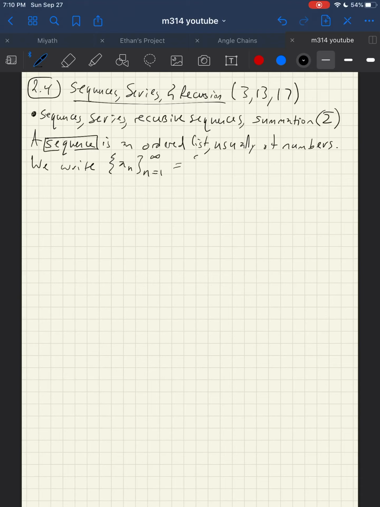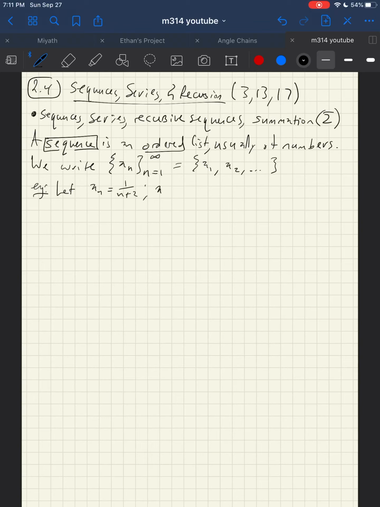And this is just to say a1, a2, and on and on. The difference between this and a common set is that it's ordered. With a set, we don't care about the order. With a sequence, we care about the order. So let's do an example. Let a sub n equal 1 over n plus 2.